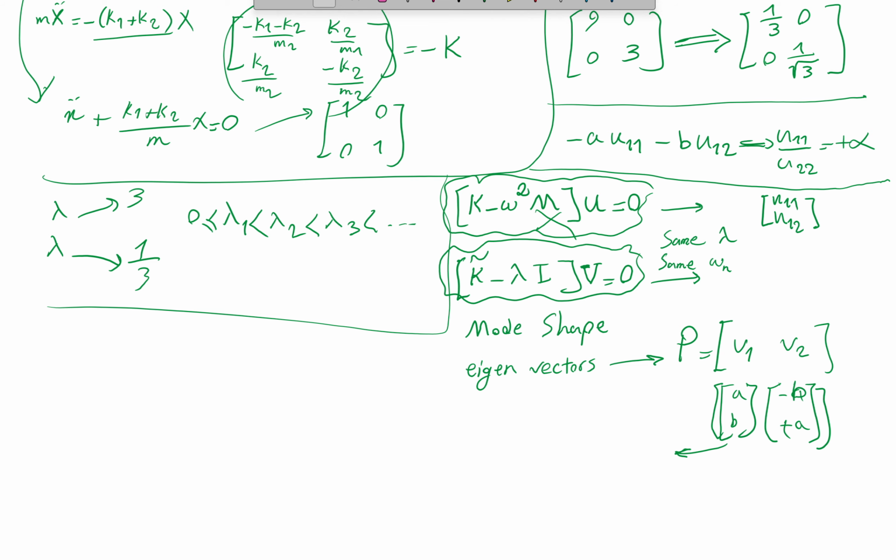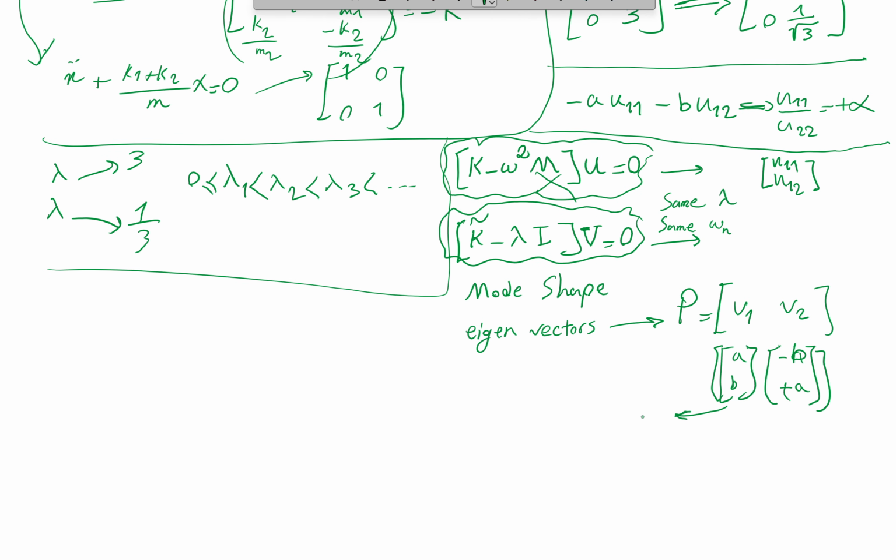If it's not normalized, then in your future calculations, if you want to calculate the S matrix, which is useful to transform between the physical and modal systems, you will need this P matrix.